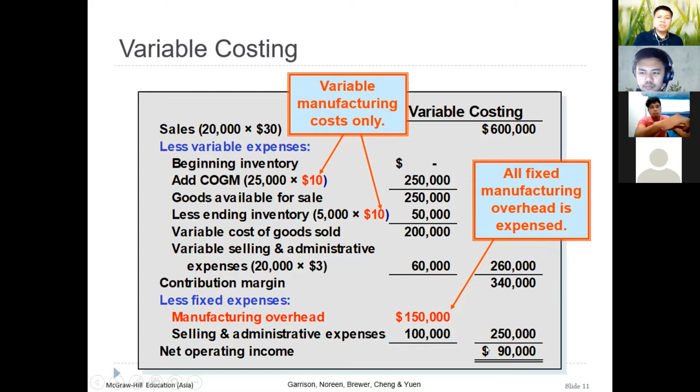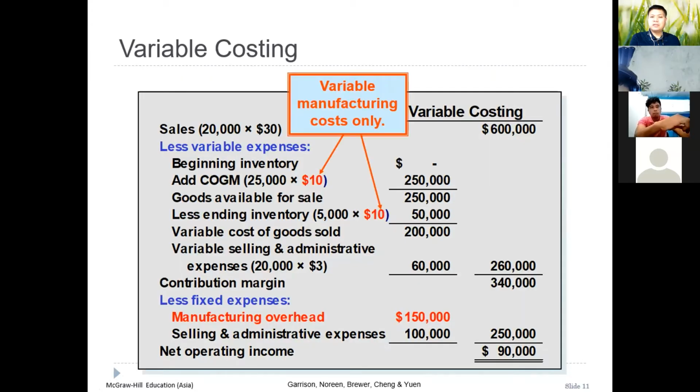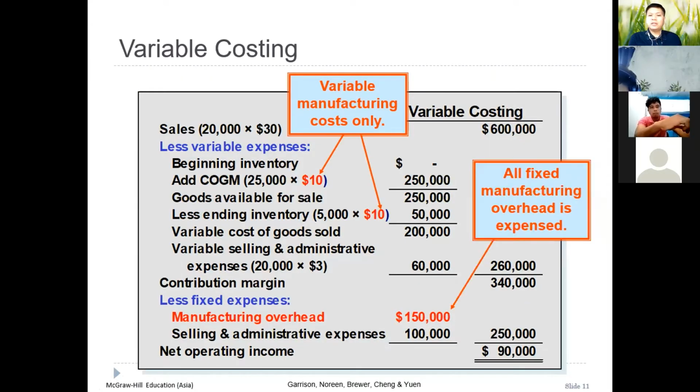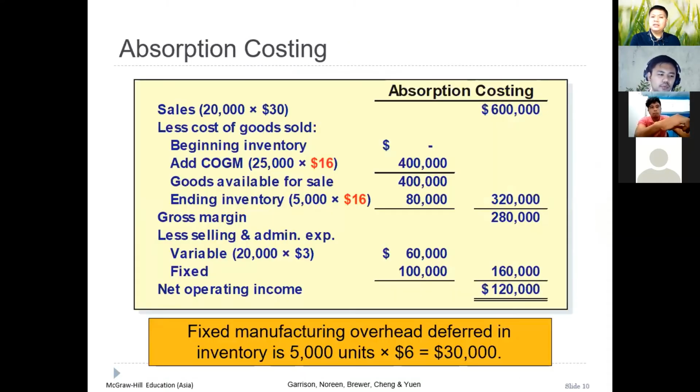Question, what's the difference between the net operating income under absorption, that is 120,000, and under variable, it is 90,000? What is the difference? The difference is 30,000. And the difference is in the fixed manufacturing overhead that is deferred in inventory.